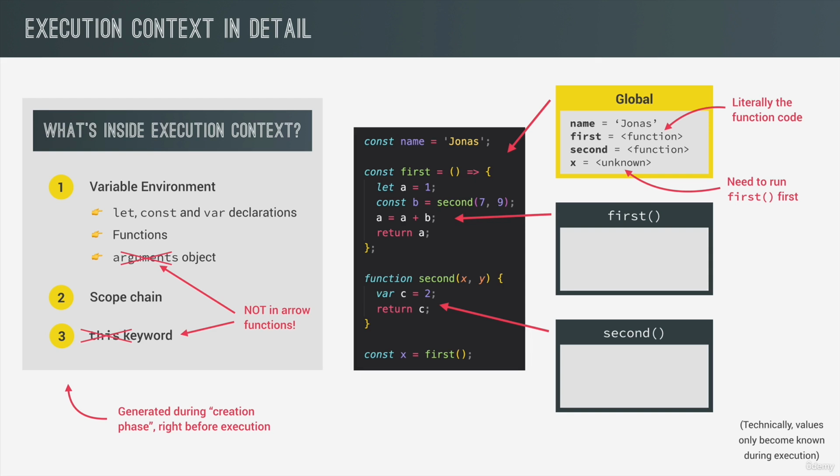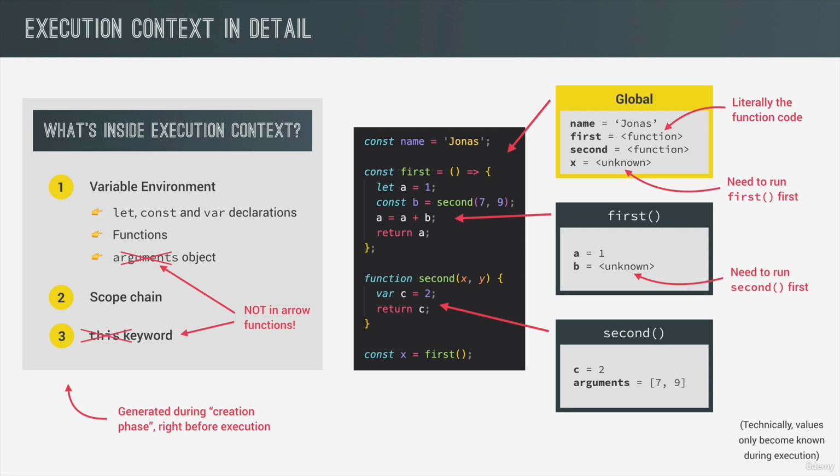Anyway, now in the first function, we have the a variable set to 1 and the b variable, which once again requires a function call in order to become known. Finally, the variable environment of the second function contains the c variable set to 2, and since this is a regular function, so not an arrow function, it also has the arguments object.